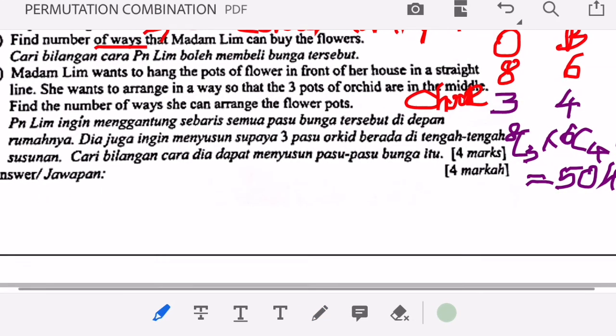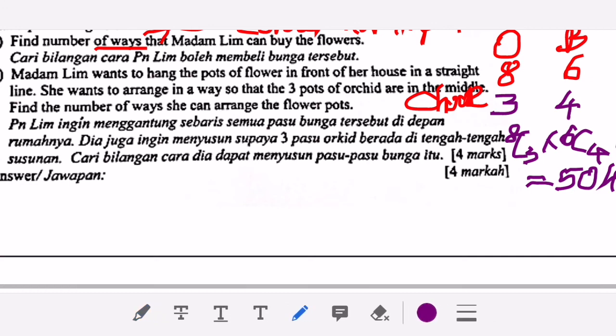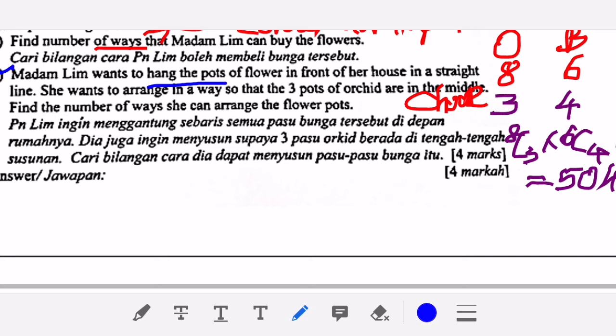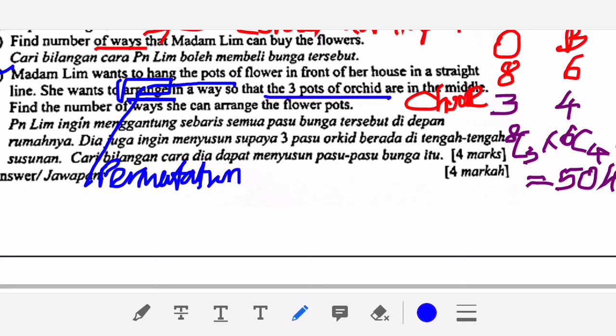Now let's see part B. Madam Lim wants to hang the pots of flowers in front of her house in a straight line. She wants to arrange them in a way, so it's permutation, such that the 3 pots of orchid are in the middle.